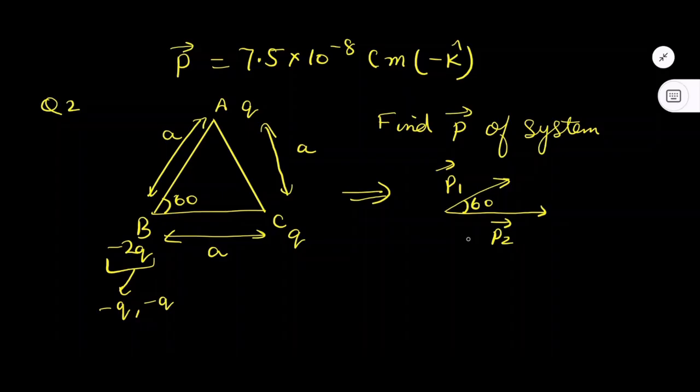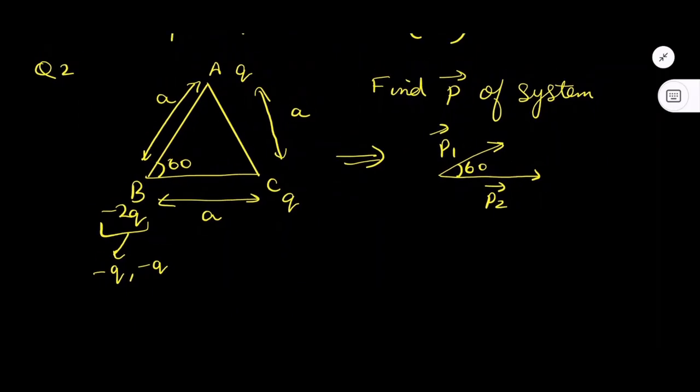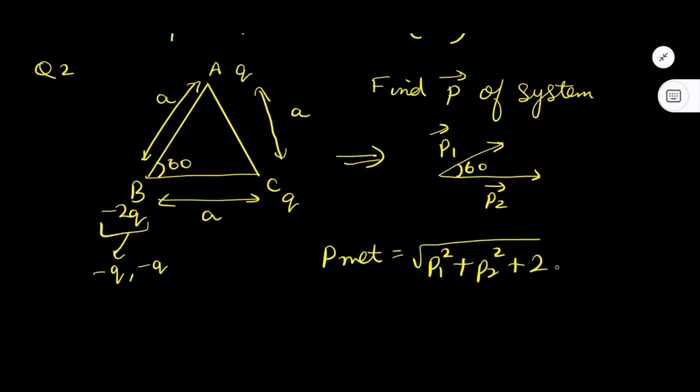So my triangular configuration changes to this configuration. Now I can easily apply the vector addition formula over here. Net dipole moment will be p1 square plus p2 square plus 2 p1 p2 cos theta, where theta is 60, right?